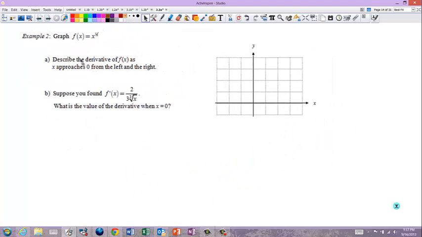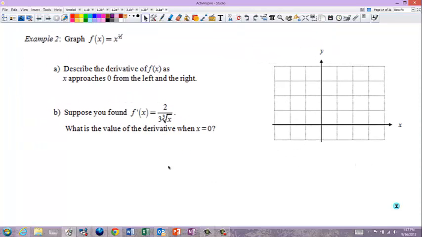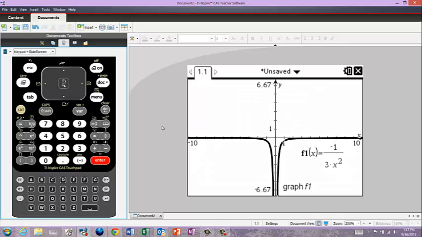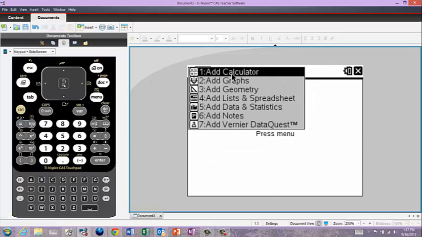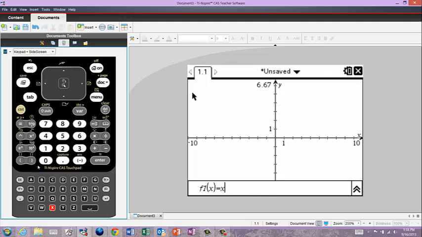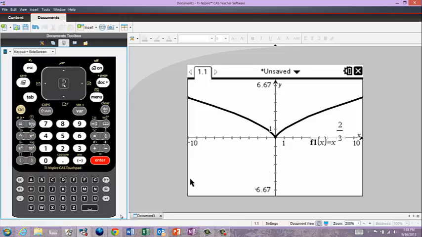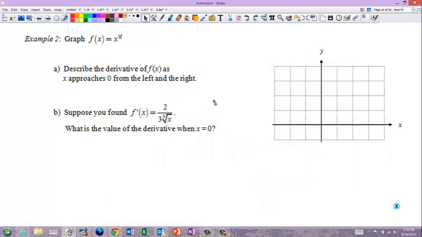Okay. It says graph f of x equals x to the 2/3. Off the top of my head, I don't know what that looks like, so we're going to go to our calculator. x to the 2/3. Looks like that.